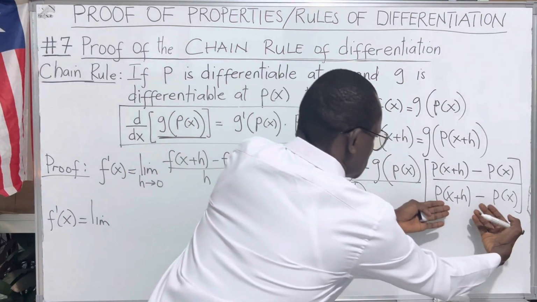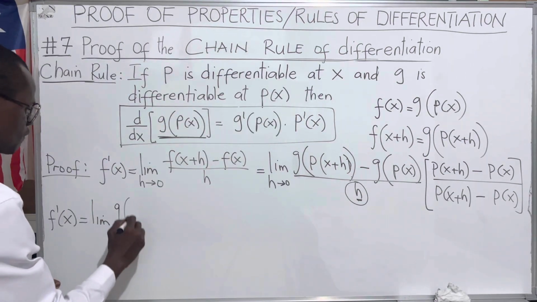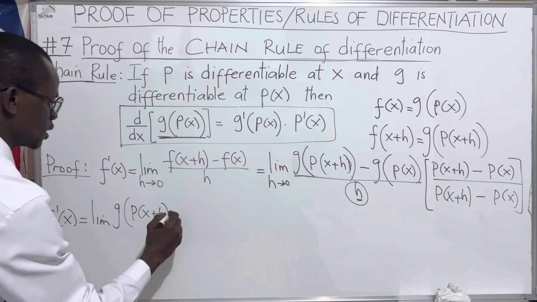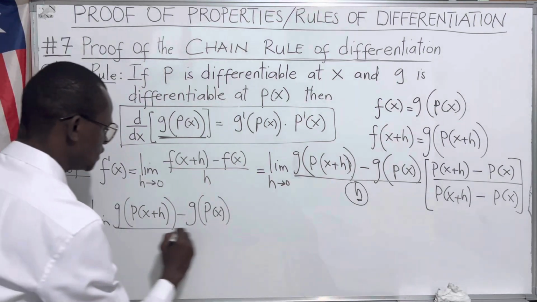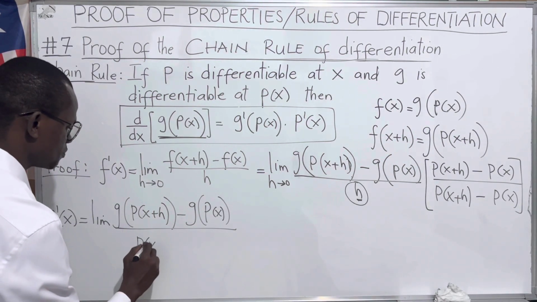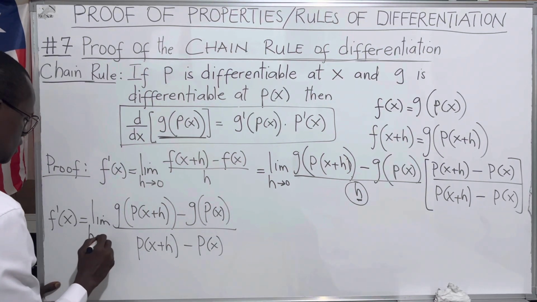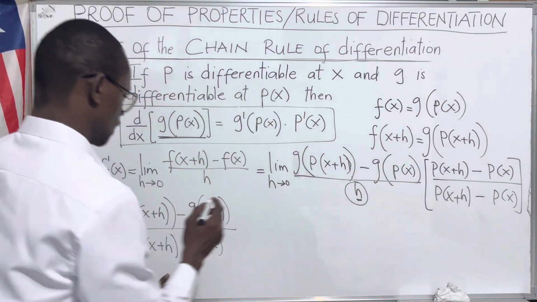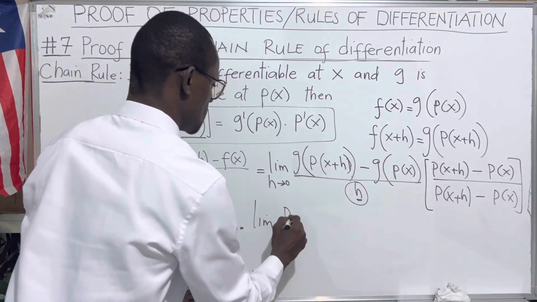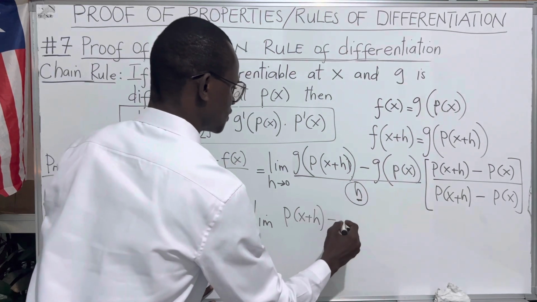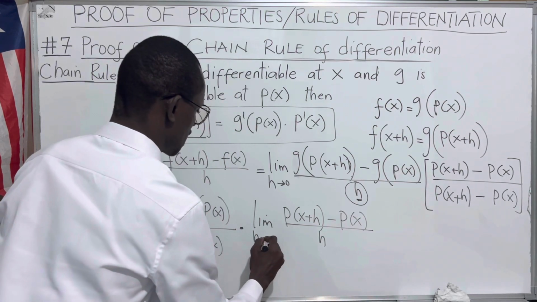Now what we want to do is this: this expression coming on here, and then this h going there. So we have the limit of g of p of x plus h minus g of p of x, all divided by p of x plus h minus p of x, as h approaches 0, times, so I'm going to take the limit on the other side as well, the limit of p of x plus h minus p of x, all divided by h, as h approaches 0.